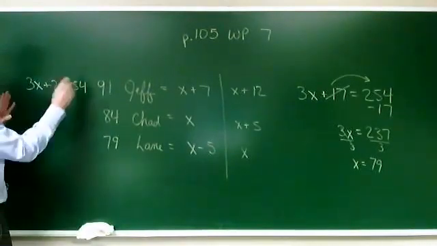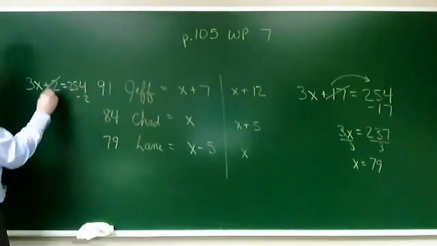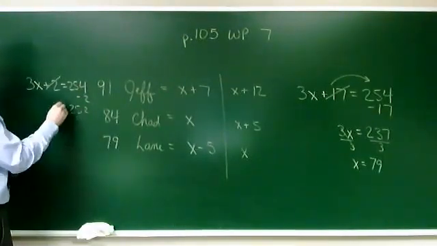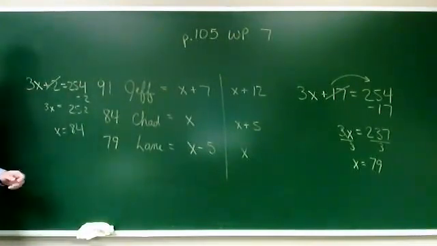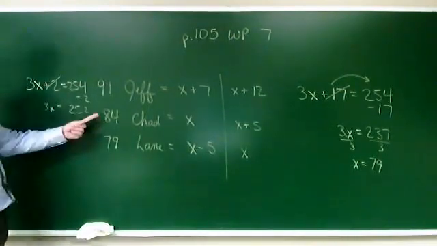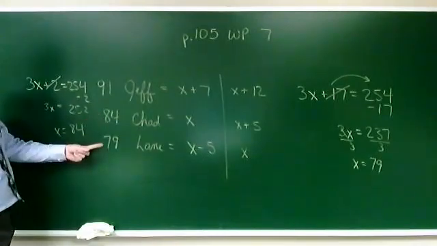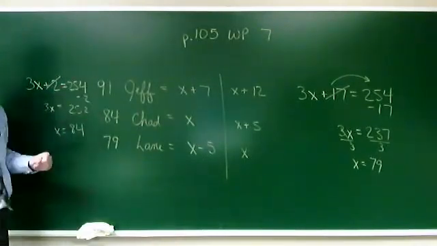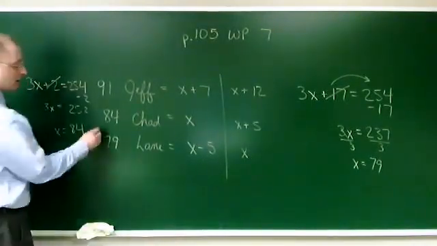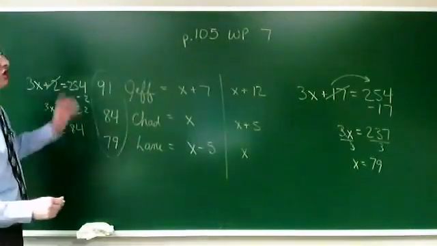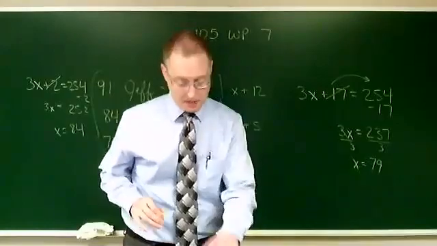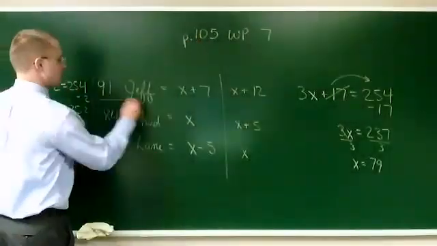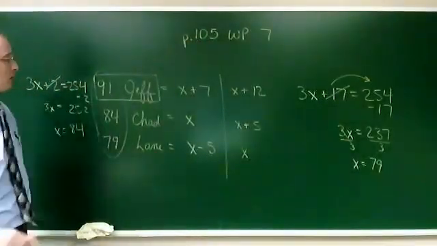Okay, and so you put a negative 2 over here to get 252 equals 3x. You divide it by 3 to get 84, correct? Yes. So you still had Chad as 84, you still had Lane as 79, and you still had Jeff as 91, correct? Yes. So same answers, just obtained a little bit differently, still correct. The only actual answer though is how many did Jeff eat? And that is 91 marshmallows.